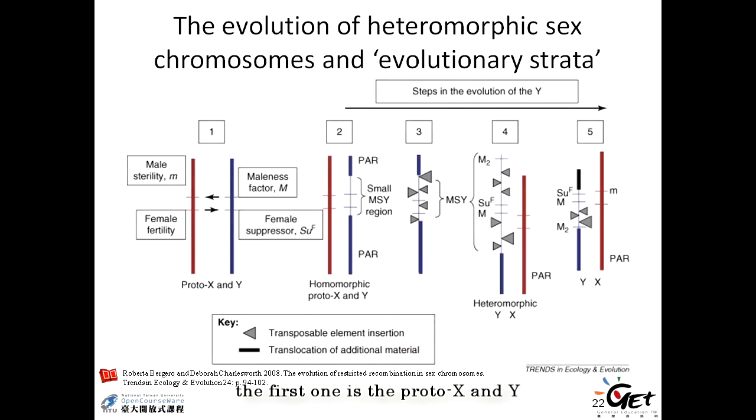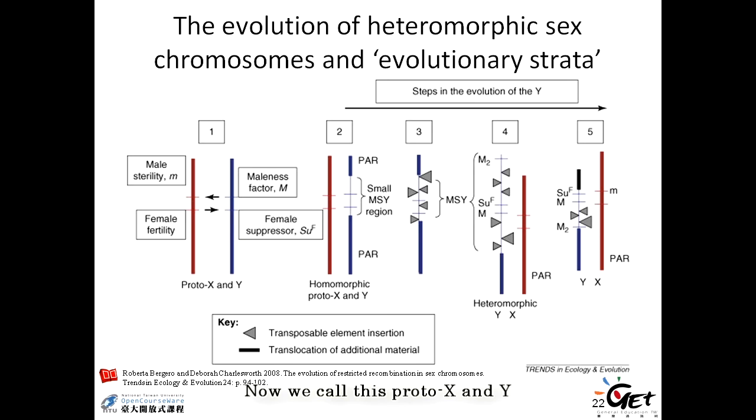The first stage is the proto X and Y. We skip the very first one. They start from a pair of autosomes, and there are sex determination factors located on this chromosome, which cause the beginning of the differentiation of these two autosomes.